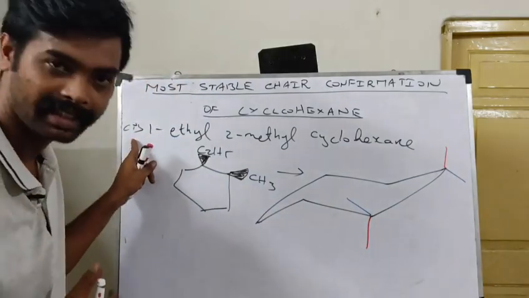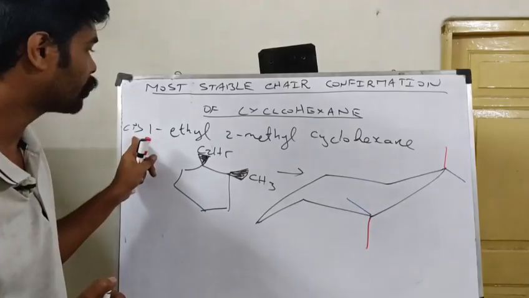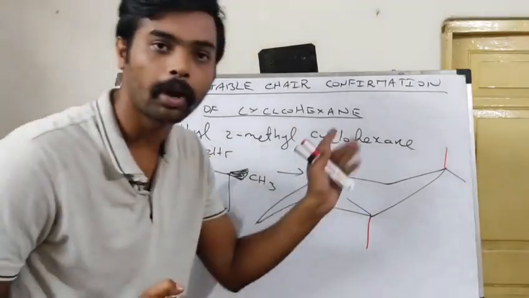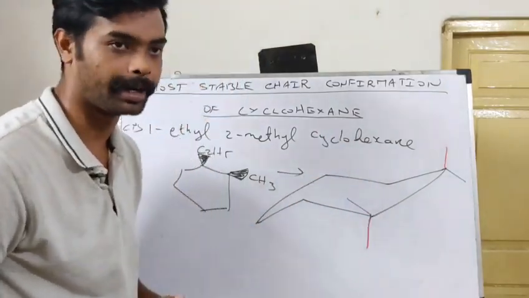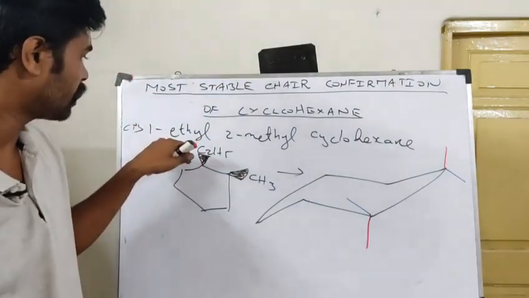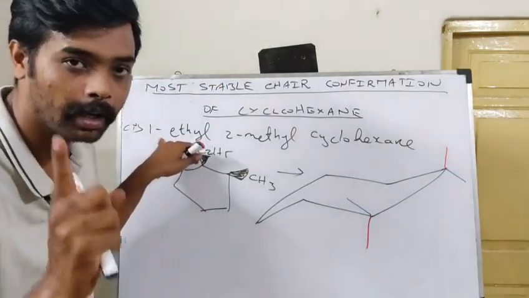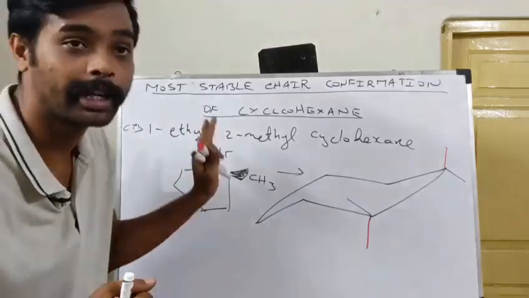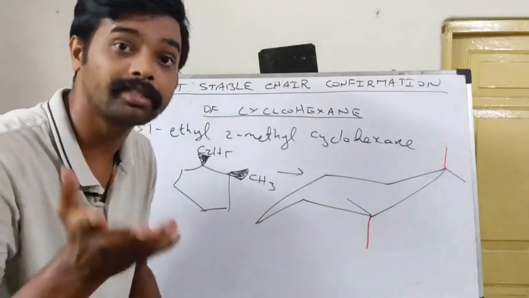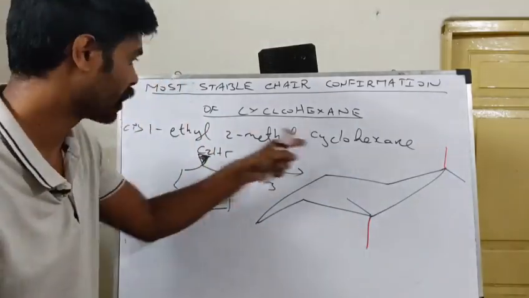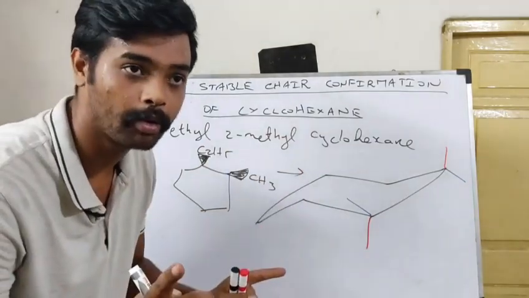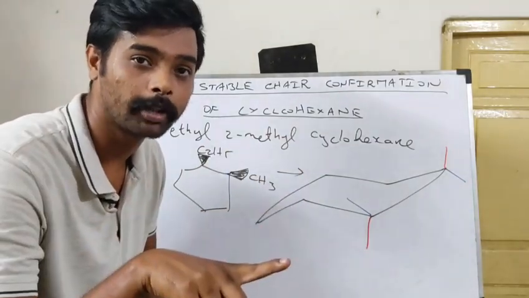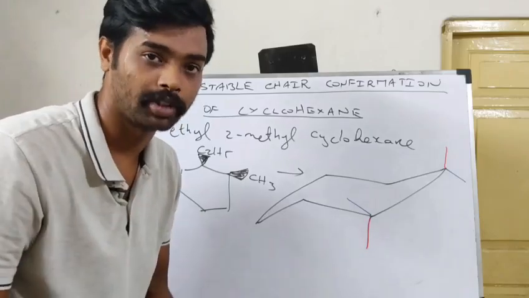Now since it is cis, I have to make sure that both of them are going to point up or both of them are going to point down. Now I'll take the first carbon atom where I have the ethyl group. Now remember the thumb rule, I am directly going to get the most stable chair conformation for this particular molecule. And what is the thumb rule? The most bulkiest group must be going to the equatorial position.